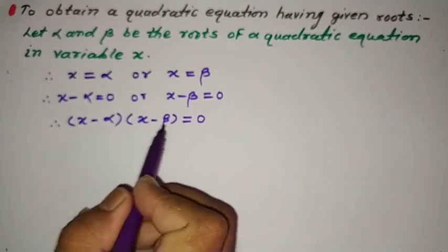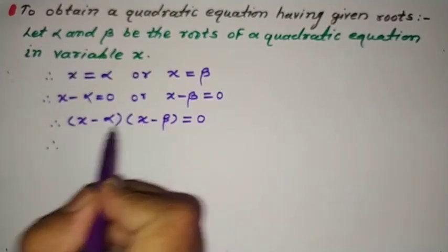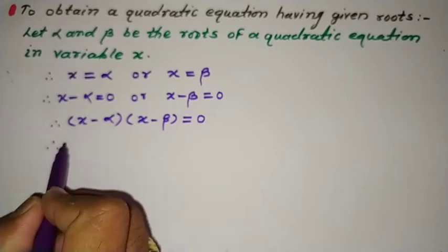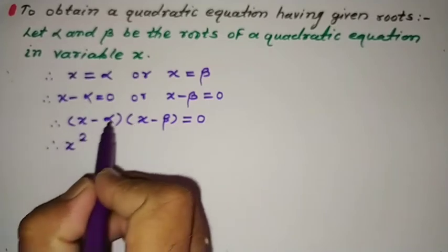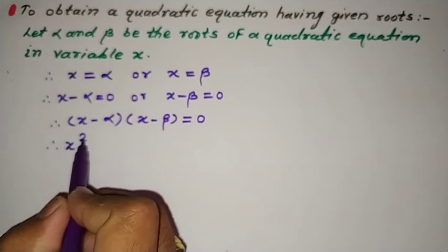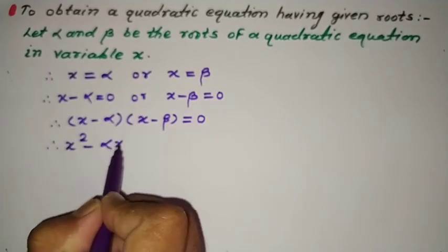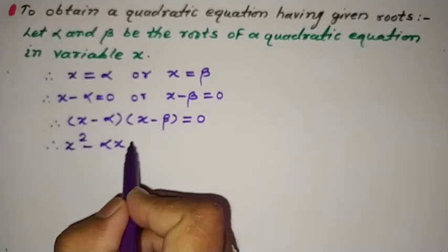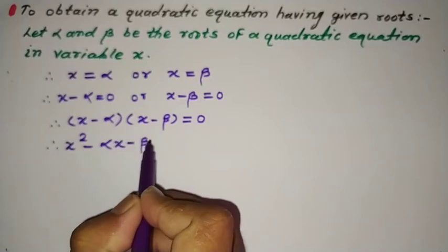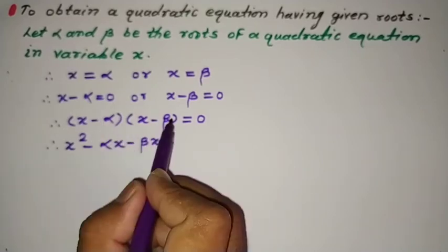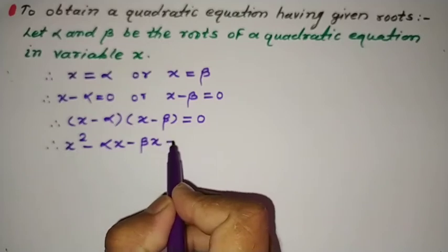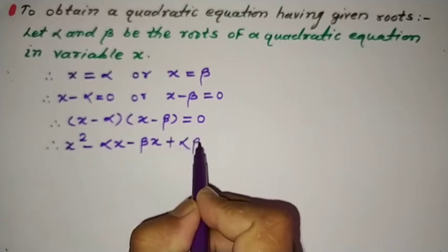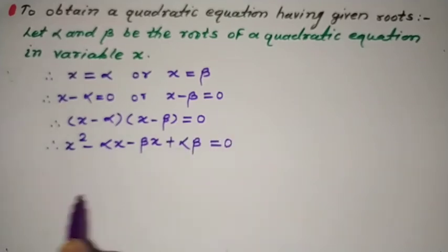Multiply the two brackets with each other. x multiplied by x is x square, x multiplied by minus beta is minus beta x, minus alpha multiplied by x is minus alpha x, and minus alpha into minus beta is plus alpha beta, is equal to 0.